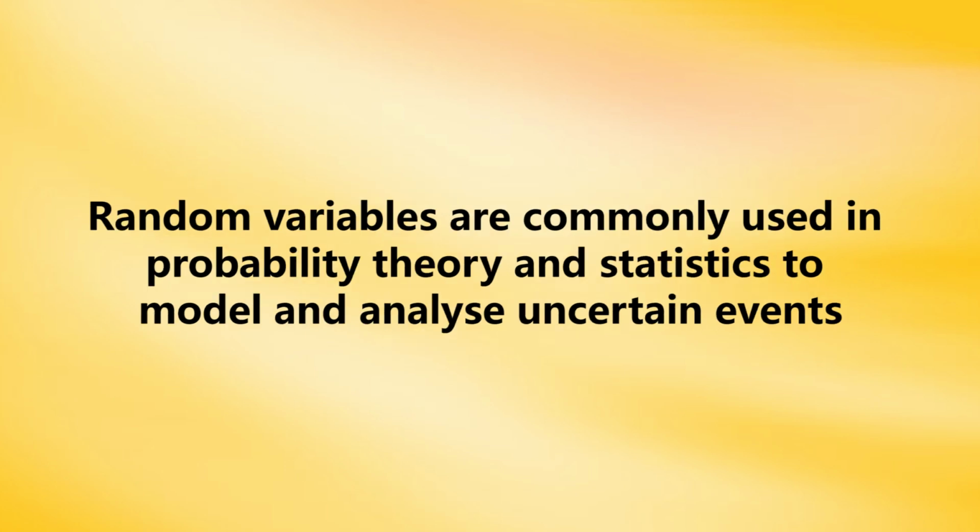Random variables are commonly used in probability theory and statistics to model and analyze uncertain events. They are also used in many real-world applications such as finance, engineering and physics to model and predict outcomes of random processes.